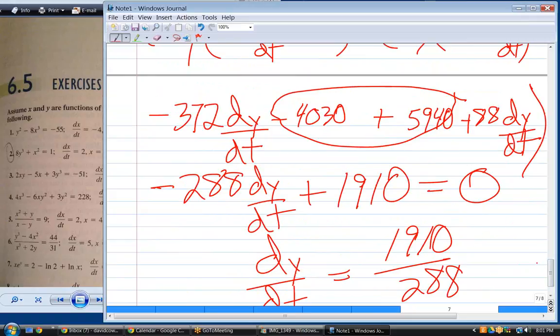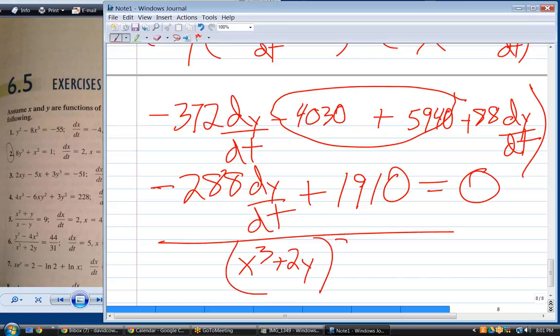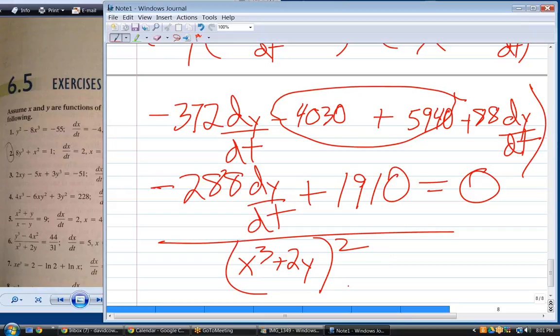So I can go from here and put in the bottom squared, which is x cubed plus 2y squared, which becomes 64 plus 4 squared, or 68 squared, which is what number?